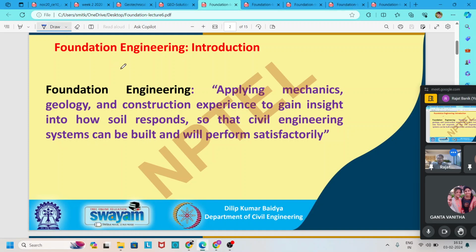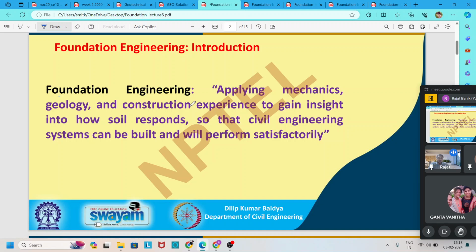So here a quote is given on why we need foundation engineering. We design the foundation in accordance with the soil condition, how the soil behaves in a particular situation.